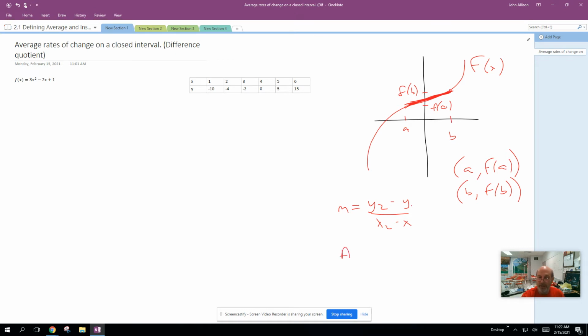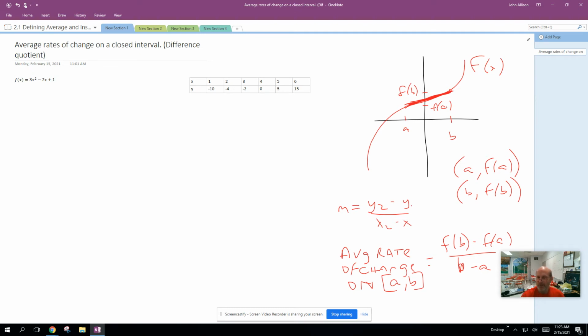So we could find the average rate of change on the closed interval from A to B, which is equal to f of B minus f of A over B minus A. Just take the y value of one endpoint minus the y value of the second endpoint, and then over the x value of the first endpoint minus the x value of the second endpoint.